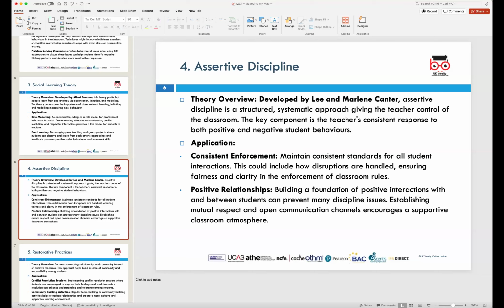So we segregate, according to Lee and Marlene, behaviors into positive behaviors and negative behaviors. For positive behaviors, you reward the learners, and for negative behaviors, they have to have consequences. That means they will need to fall in line and understand this is something which is not allowed to be done.